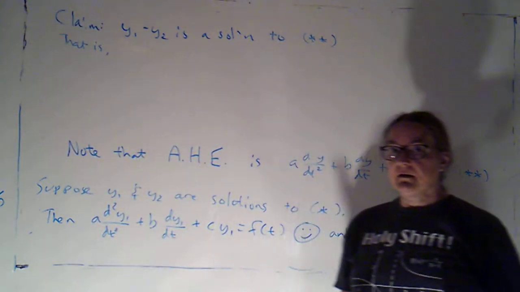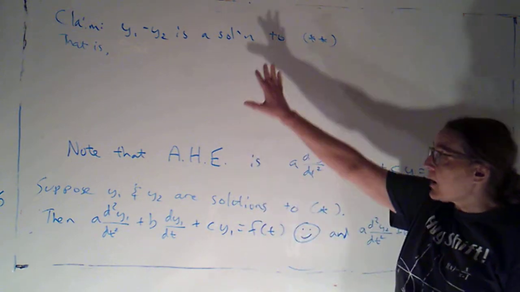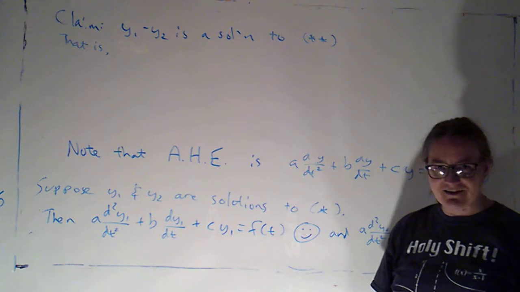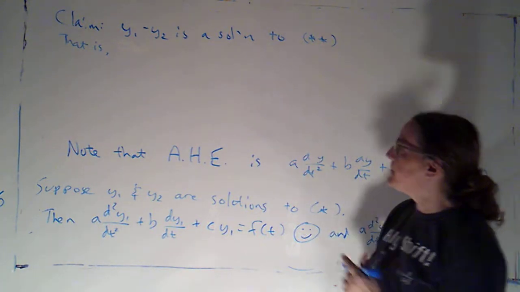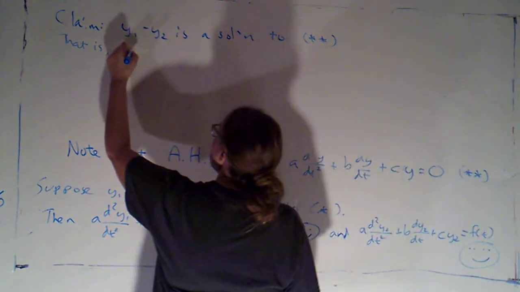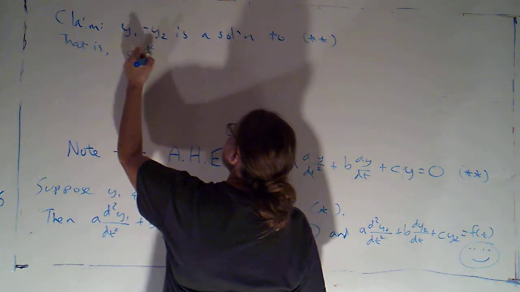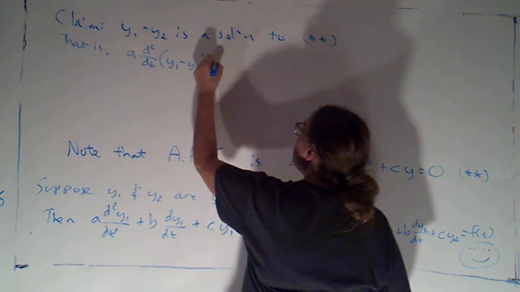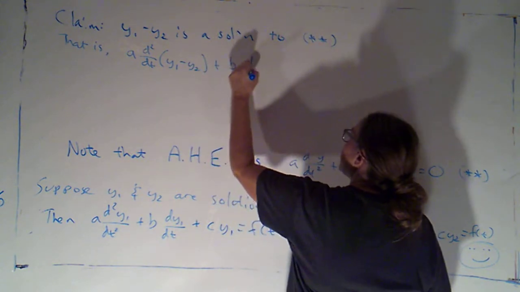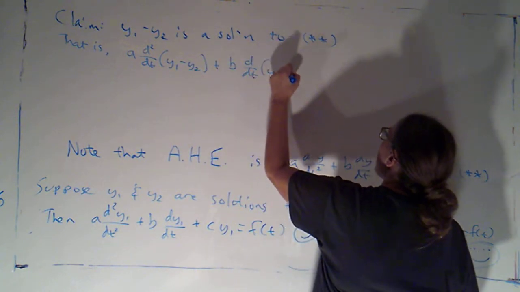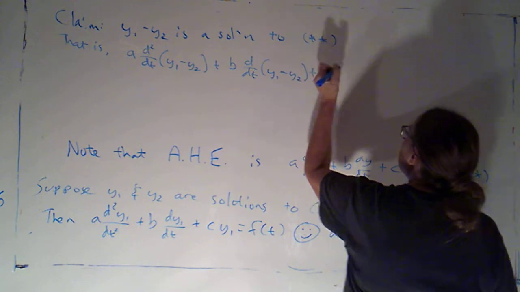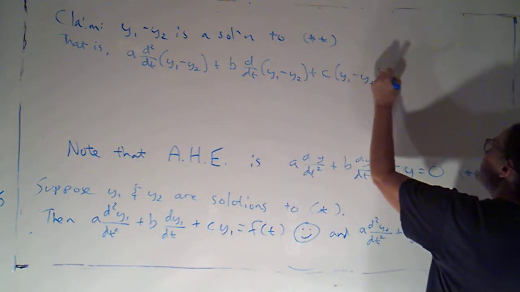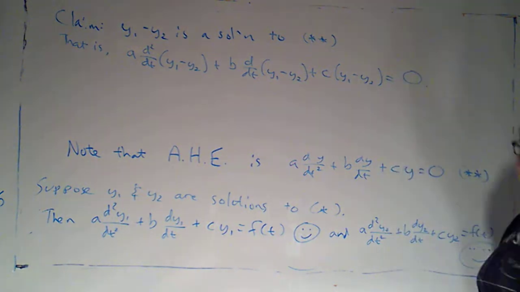Okay. All right, I'm going to spell out what that means. So again, whether I've supposed it or whether I'm about to claim that it's true, getting it into an equation is going to be most helpful. Okay. So I am claiming that a times the second derivative of y1 minus y2 plus b times the first derivative of y1 minus y2 plus c times y1 minus y2 is equal to 0.